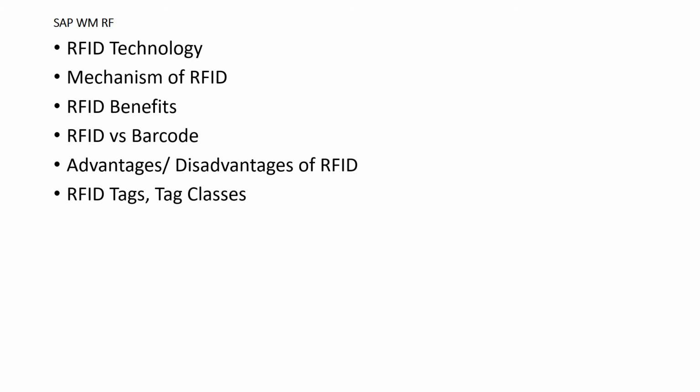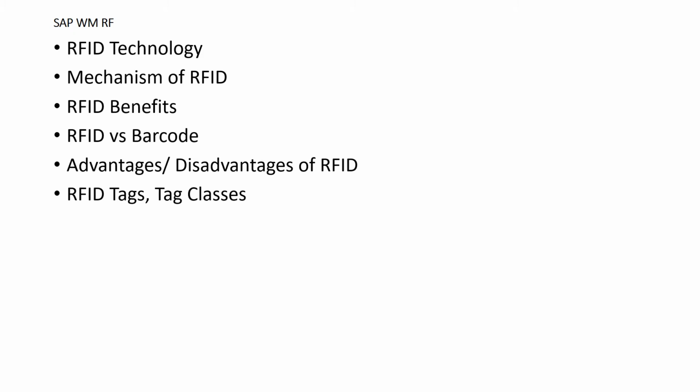Now we are going to see the difference between RFID and barcodes. RFID has advantages over barcodes, but also has some disadvantages that still have to be overcome. Until the disadvantages become insignificant, barcodes will still play a part in the supply chain and in warehousing.